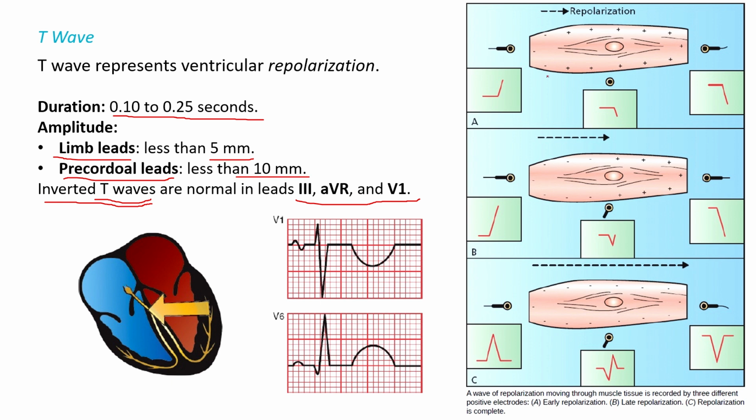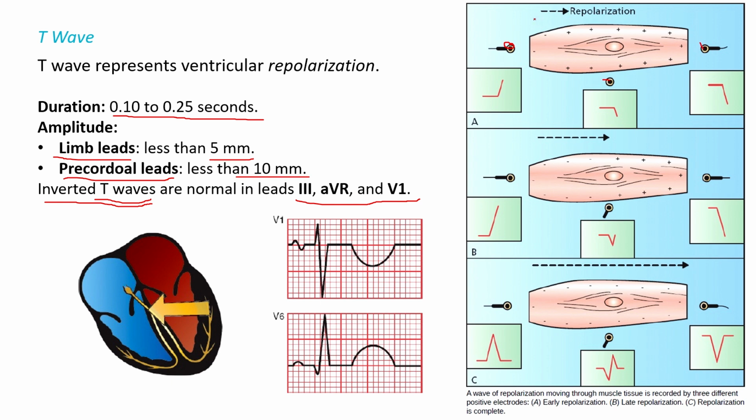First of all, we said that in depolarization, when it goes toward the electrode, it has a positive deflection on the ECG. But in case of repolarization, actually it's the opposite. If it goes in the same direction as the electrode, it will give a negative deflection. For example, let's look at this picture. We have one electrode here, and another electrode.